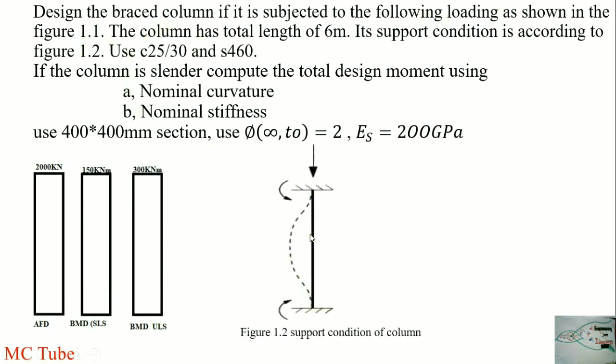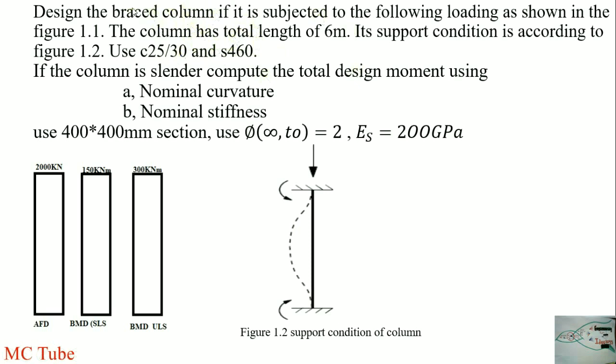Fixed. The material properties are given as C25/30 for concrete and S460 for reinforcing steel. C25/30 means fck, or characteristic strength of concrete, is equal to 25 megapascal, and S460 means fyk, or characteristic strength of reinforcing steel, is equal to 460.